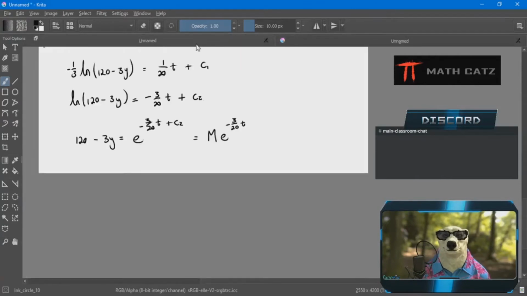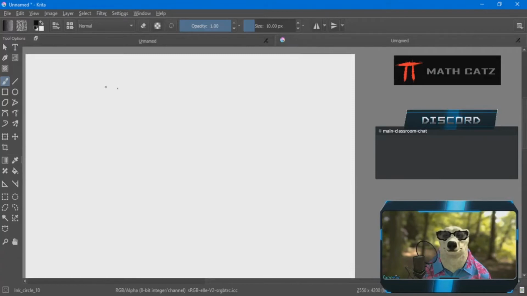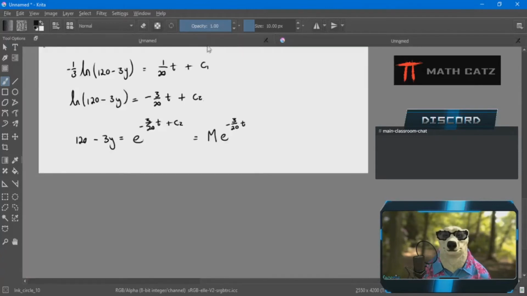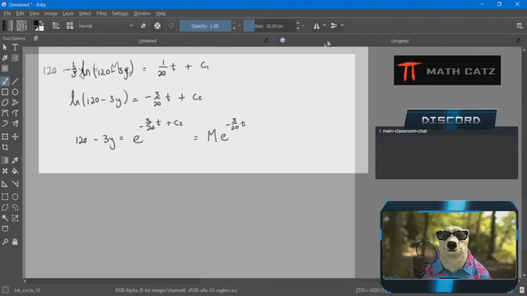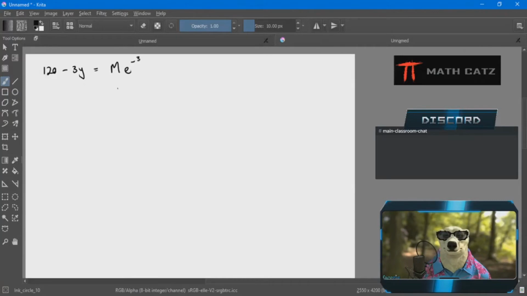Now let's just make sure we copy this over right. 120 minus 3y equals me to the negative 3 over 20t. And we now have the fact that I have nothing in the beginning.